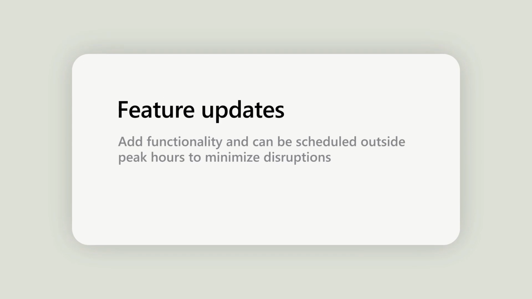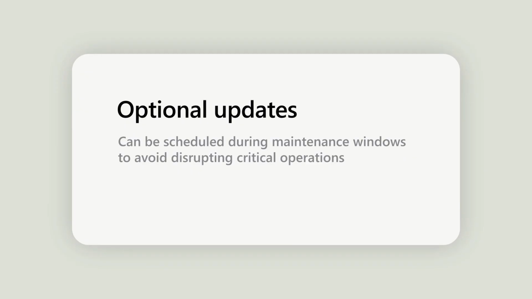These updates include feature updates that introduce new functionality or enhancements to the operating system. You may want to manually schedule these updates outside of peak business hours to avoid disruptions. There are also optional updates that can include drivers, non-security patches, or other updates that may not be immediately necessary. With Azure, you can choose to apply these during scheduled maintenance windows, ensuring they don't interfere with critical operations.